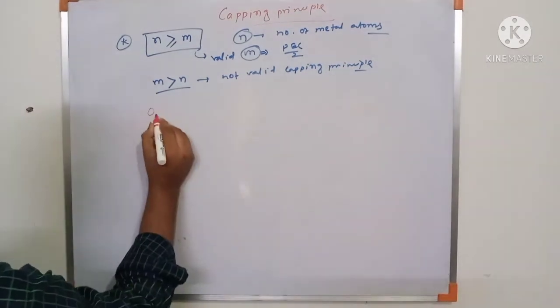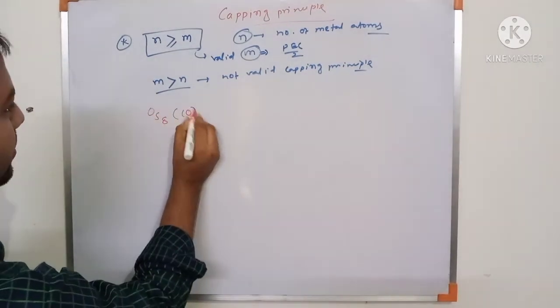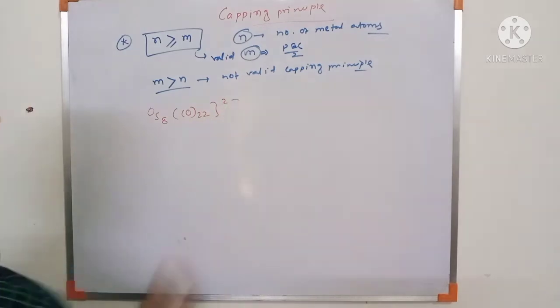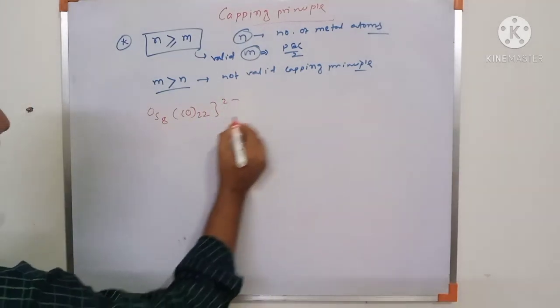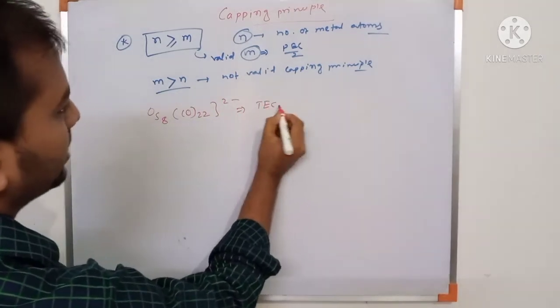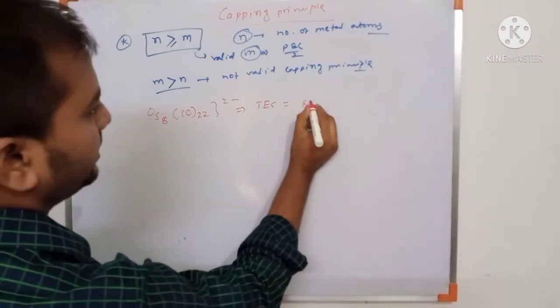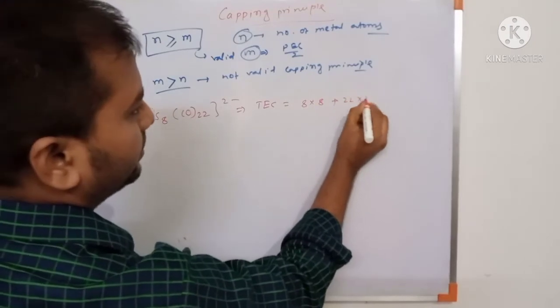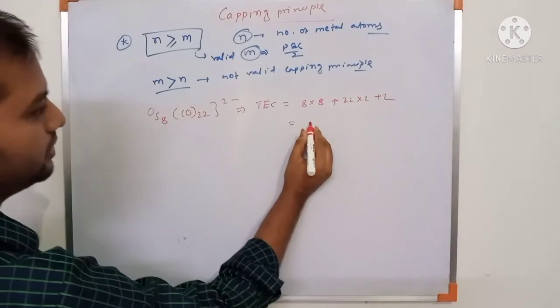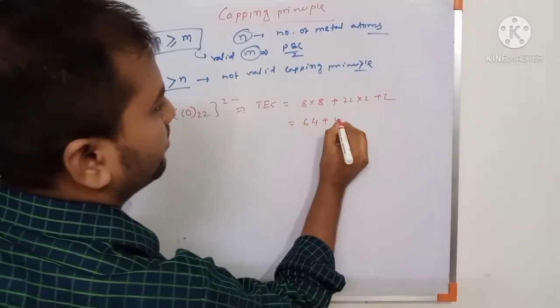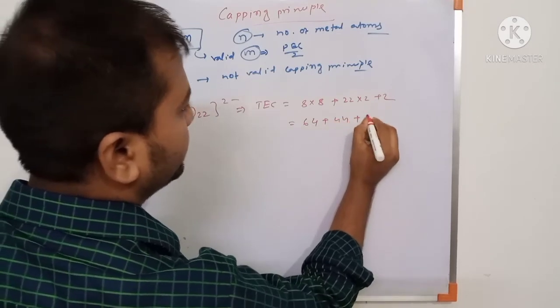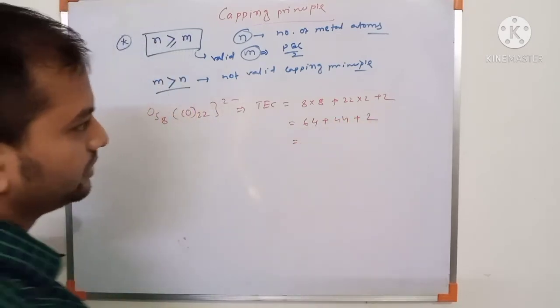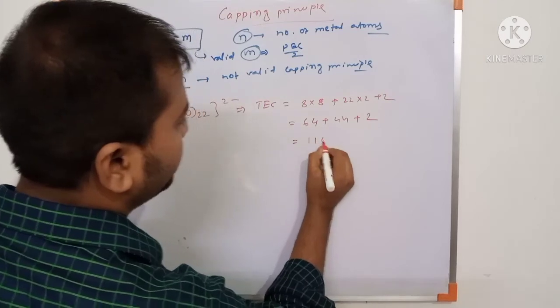Another example, Os8(CO)22 2 minus. This is a high nuclearity carbonyl cluster. Calculate the total electron count: 8 into 8 plus 22 into 2 plus 2 equal to 64 plus 44 plus 2, which is 110.